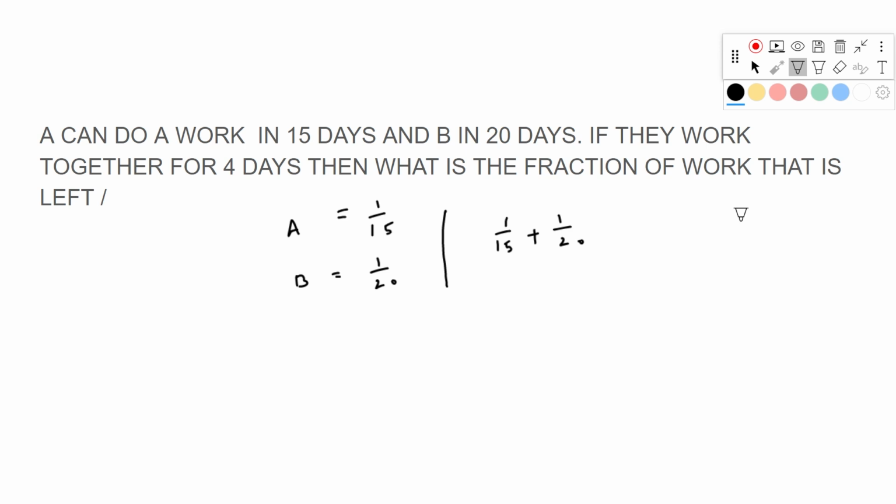Okay, this is the together work. Then, if I solve this, 20 plus 15 over 20 into 15. Okay, this is the together work in 1 day, right? So if I solve this, then I will get 35 over 300, approximately 7 by 60.